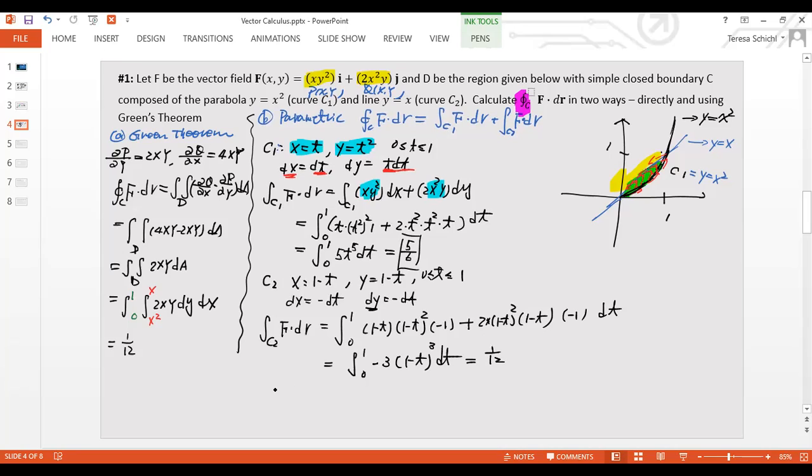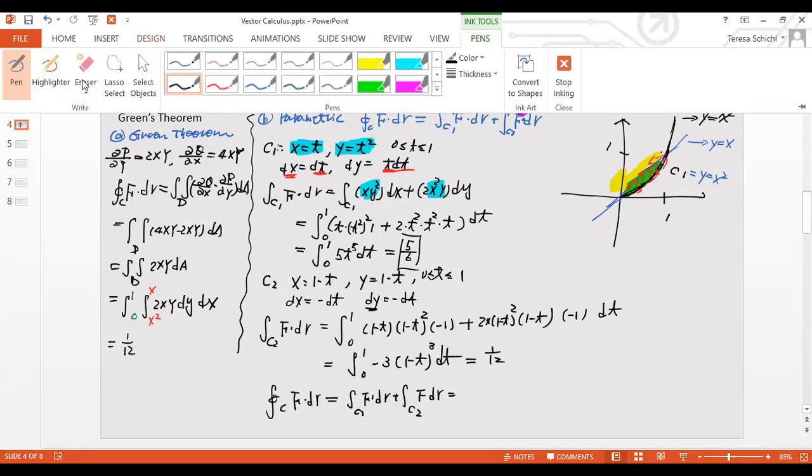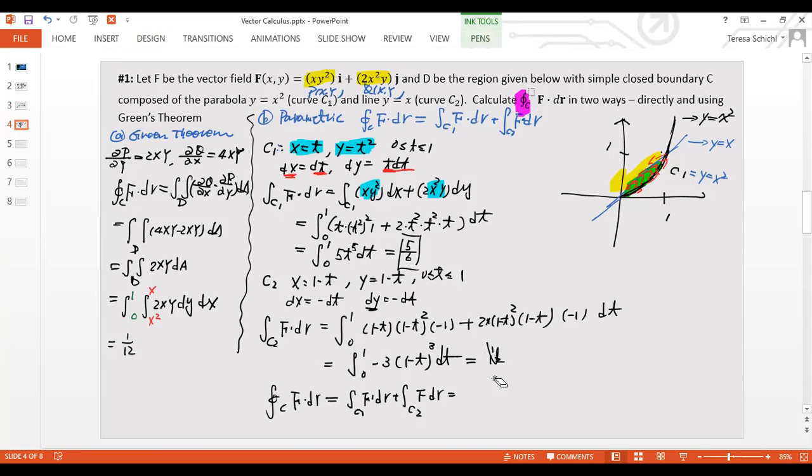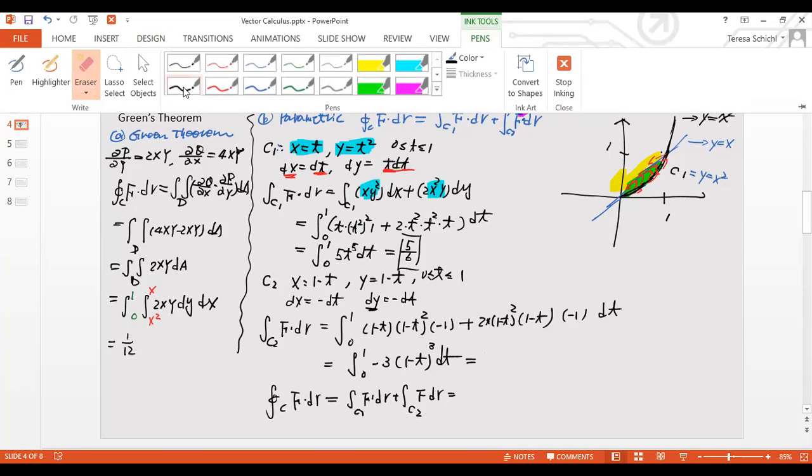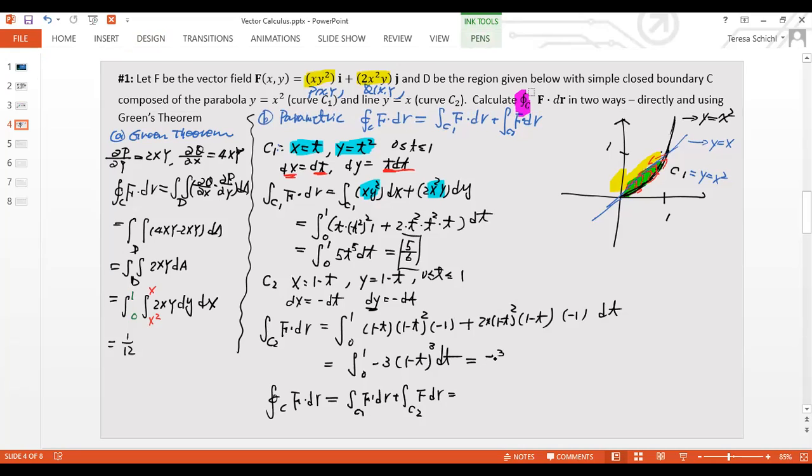Because the whole line integral is equal to the sum of the C1 integral plus the C2 integral, you add this one and this one.